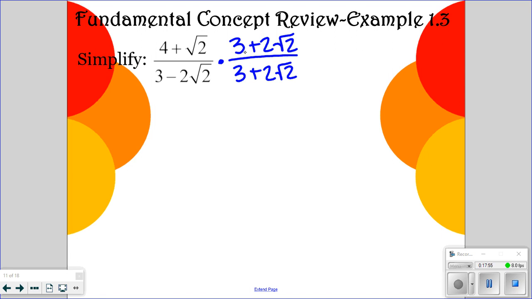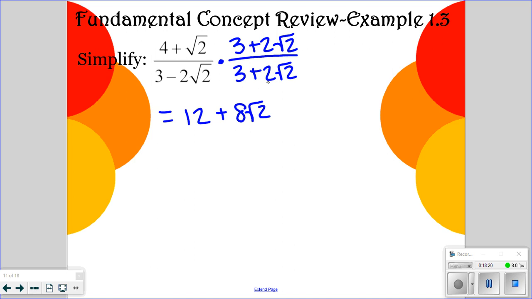The conjugate, all you do, you change the sign in between the two terms. So then we're going to multiply. 4 times 3, we're going to distribute them out, is 12. And then 4 times 2 square roots of 2 is 8 square roots of 2. You have a 4 and a 2 that are not under the radical. That becomes the 8, and then the square root of 2 just stays behind it.